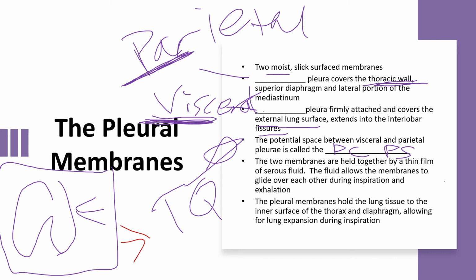Because these two are placing that tug of war, that creates a vacuum in that pleural space. It creates that suction. So if your diaphragm moves down, it's actually going to increase volume within your rib cage, and that allows for more suction to be created, and therefore it's going to have more suction on the lung tissue and therefore expand the lung tissue.